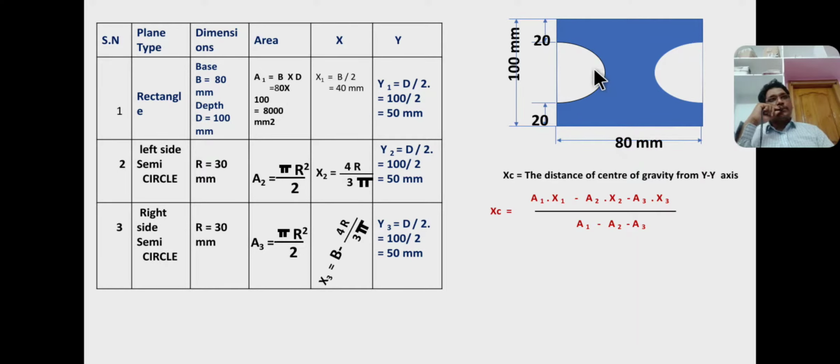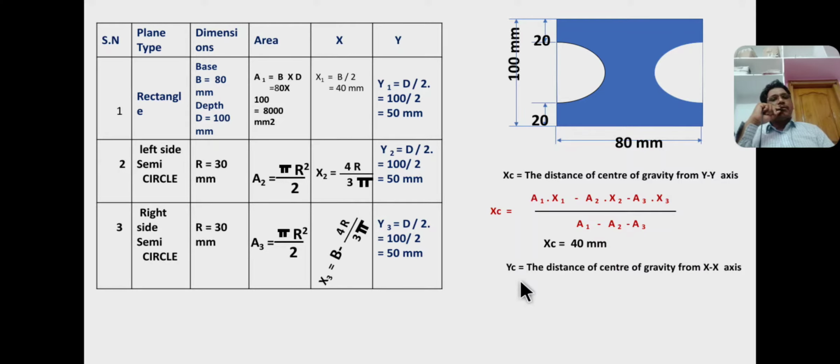Therefore you have to subtract area 2 and area 3 from area 1, so I consider a negative sign for area 2 and area 3. Finally the answer is x equal to 40 mm, that is half of the base.